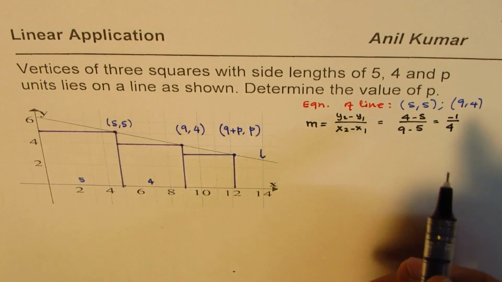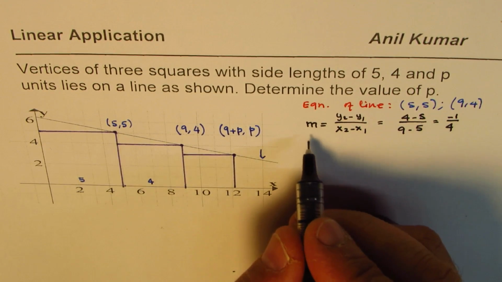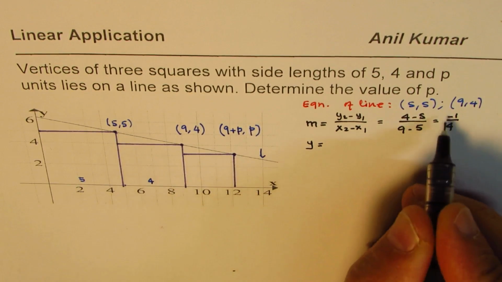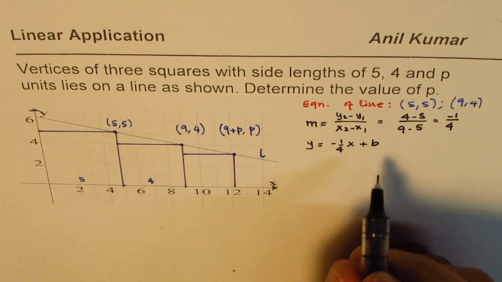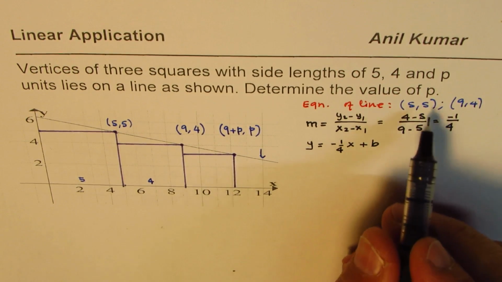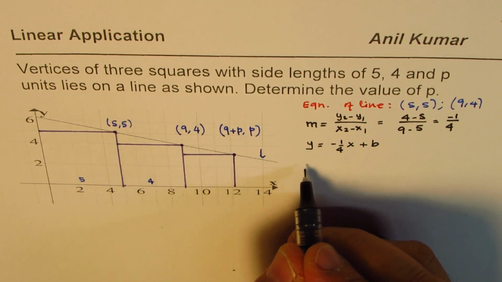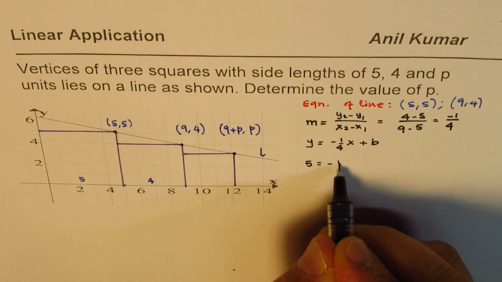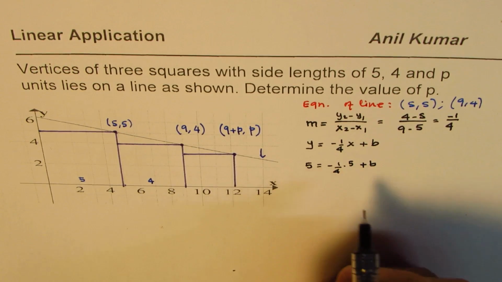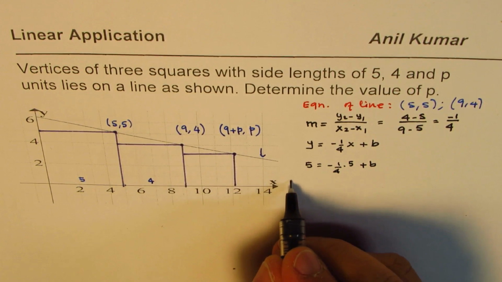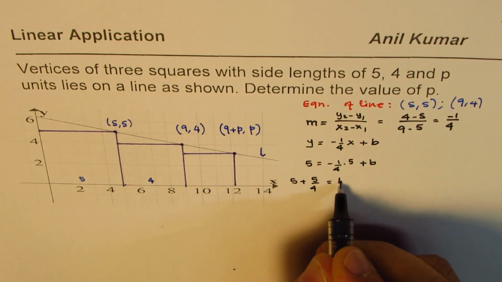Now we know the slope, we need to find the y-intercept. So we can write the equation as y equals minus 1 by 4 x plus b. To calculate the value of b, we'll again use one of these points. So let us take the point (5, 5) itself. So 5 equals minus 1 over 4 times 5 plus b. Bringing them to the left, it becomes 5 plus 5 over 4 equals b.